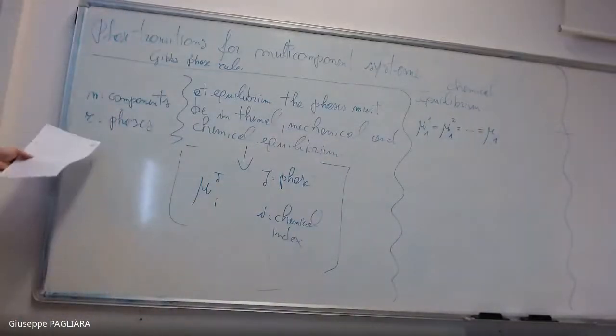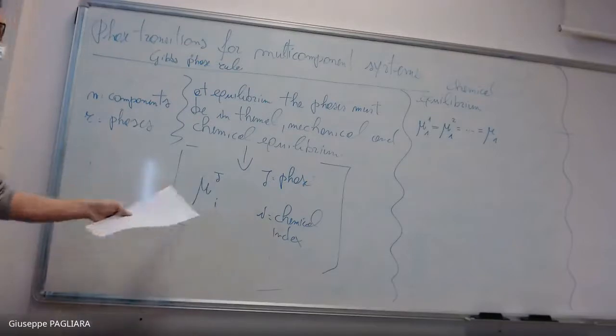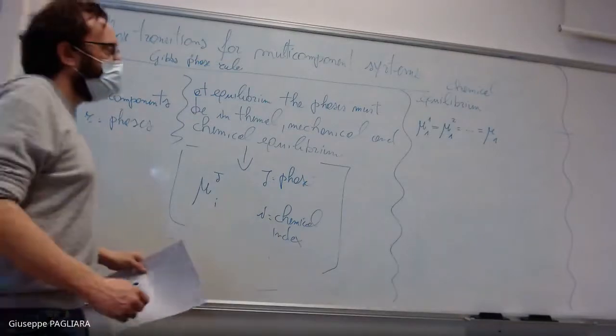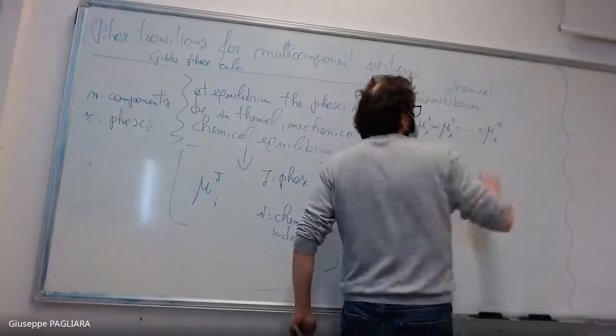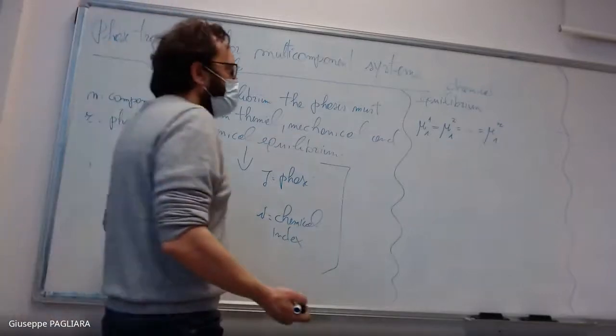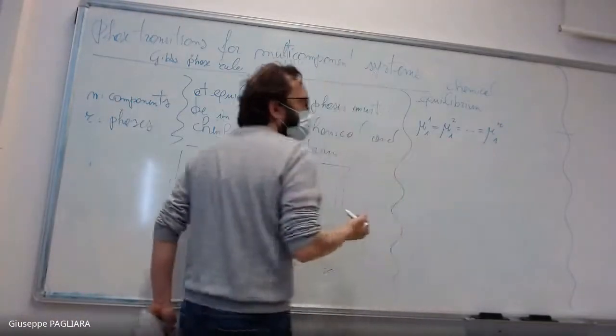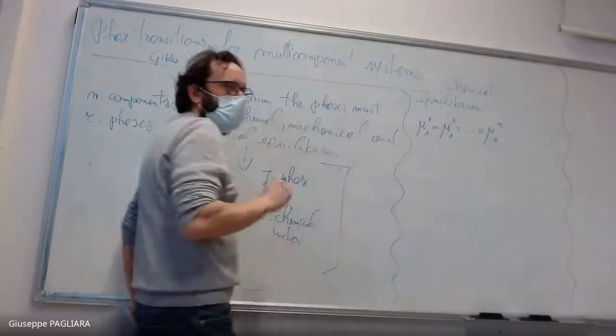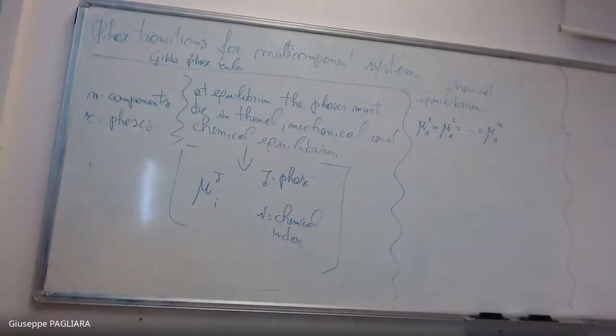The phase index runs from 1 to r, so you have mu_1 of r. So this is the same chemical component, and those are the different phases. Here we are not considering a mixed phase of two components, but of n components, and in principle we can have r different phases in equilibrium. For water, the maximum you can have is just 3, a triple point, but in general this could be larger.